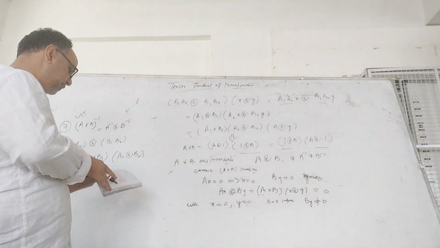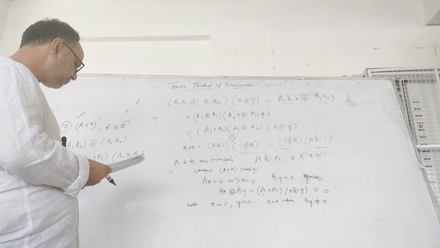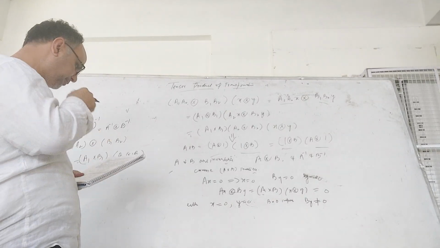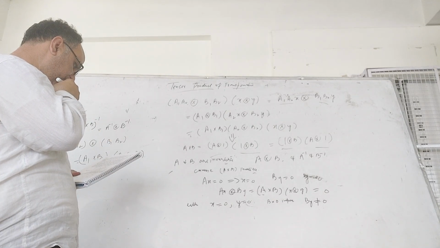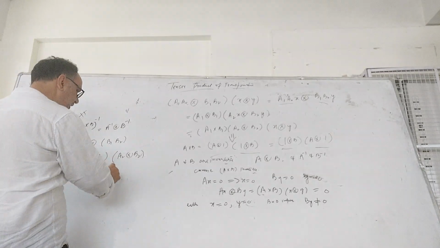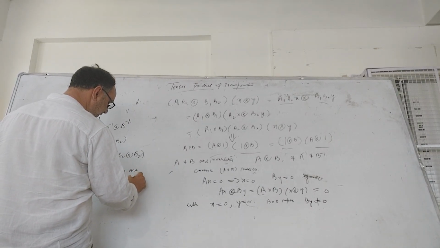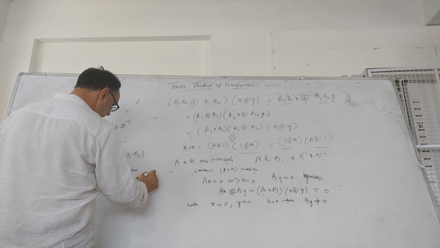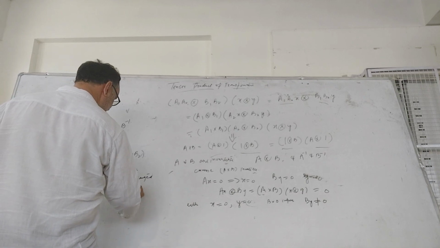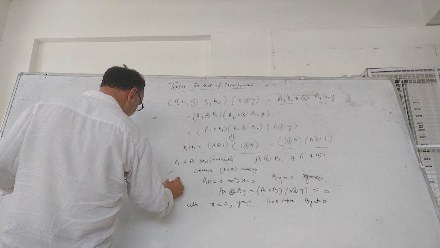The argumentation for this is that if A and B are invertible, this means B is invertible.